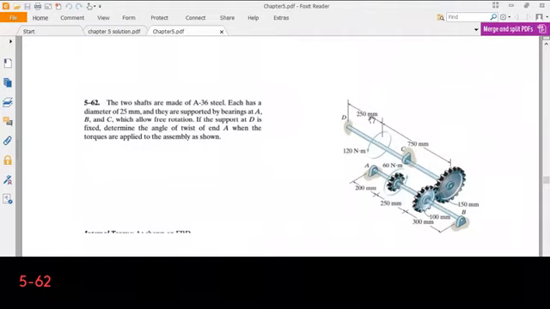L1 is 0.25 meters. Then I have my second distance. From the torque, which has a magnitude of 120 Newton meters, to the gear 2, the distance is 750 millimeters, so 0.75 meters.